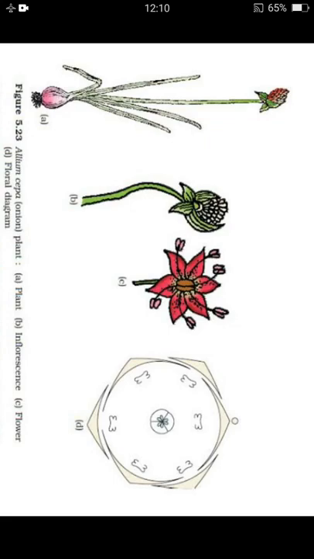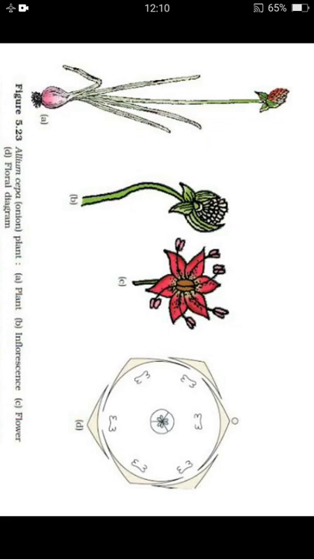Next, the androecium. 6 stamens are present, 3 plus 3. Understood? These stamens in the androecium are attached to the perianth. So this nature is called epipetalous. The androecium symbol is A, right?